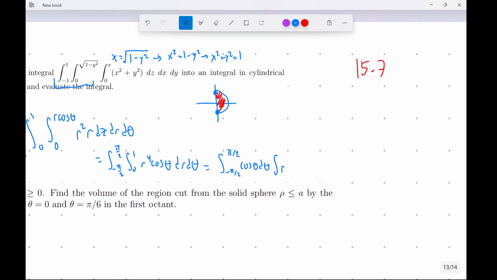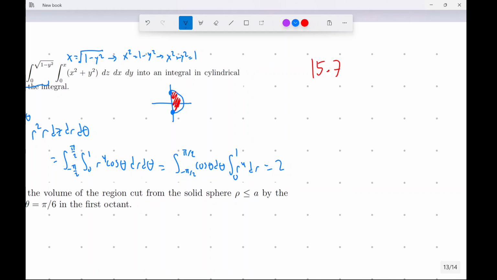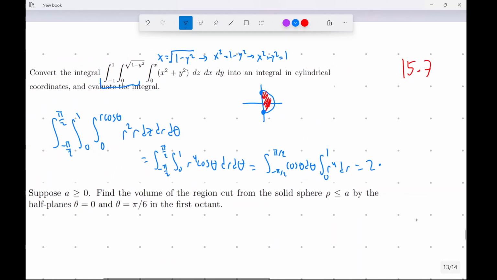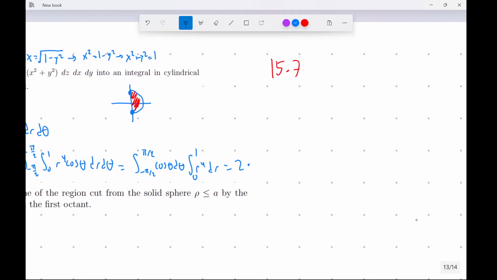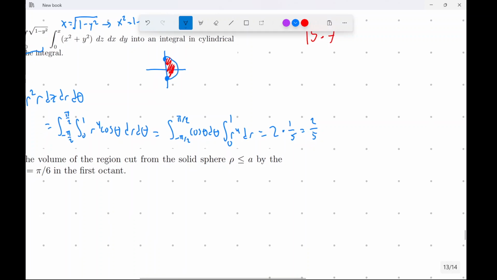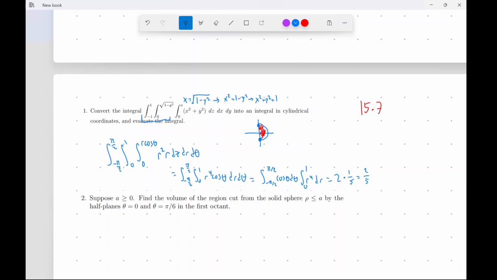And then this one from 0 to 1. And then if I just do these in my head real quick, that first one is 2, I think. And then that second one is 1/5. So this is equal to 2/5. Great, okay. I think that's all we have to do for this problem, so let's move on to the next one.